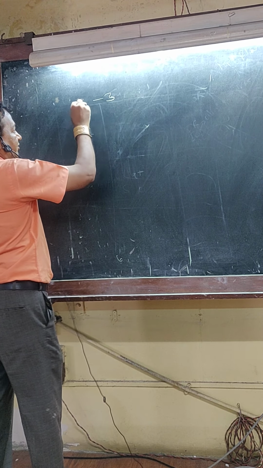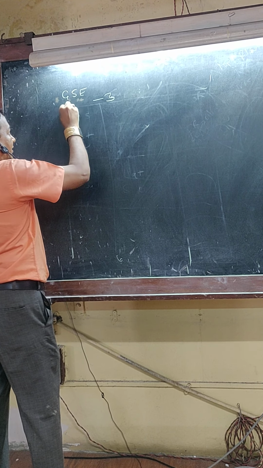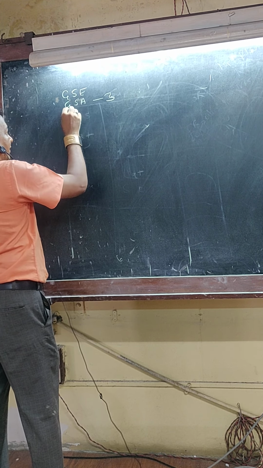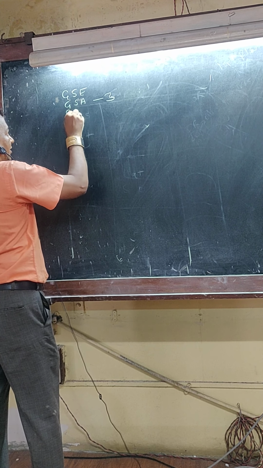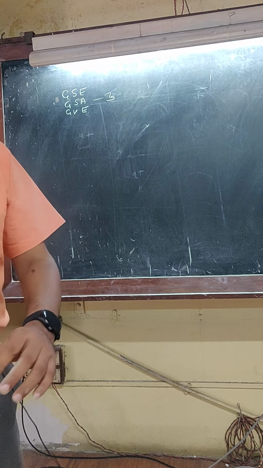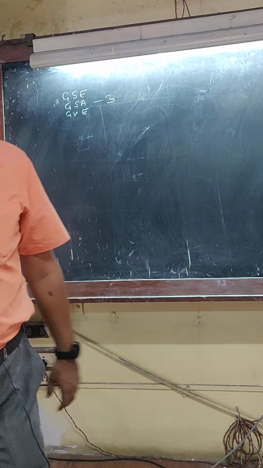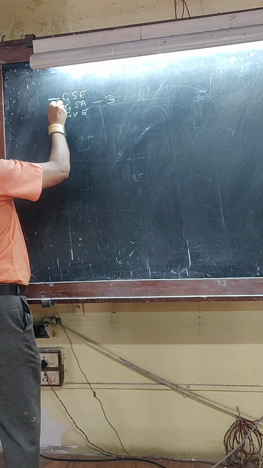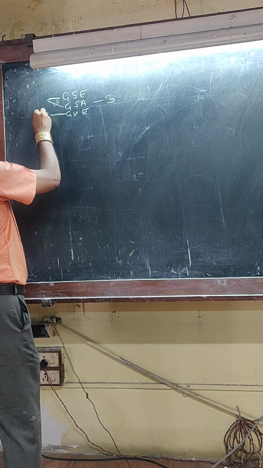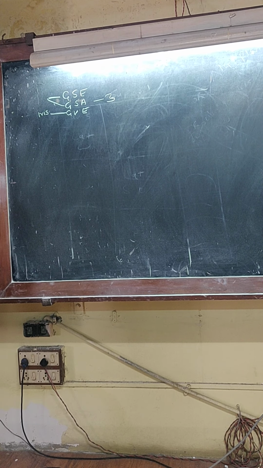What were the components of the third nerve? General somatic efferent and general visceral efferent. These were for the muscles, and this was for the muscles of the iris and ciliary body.